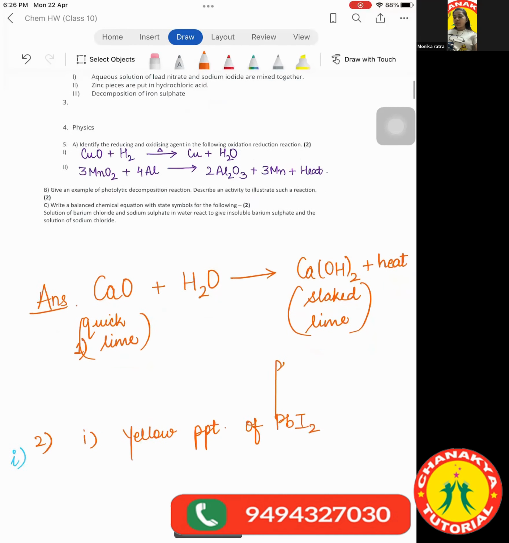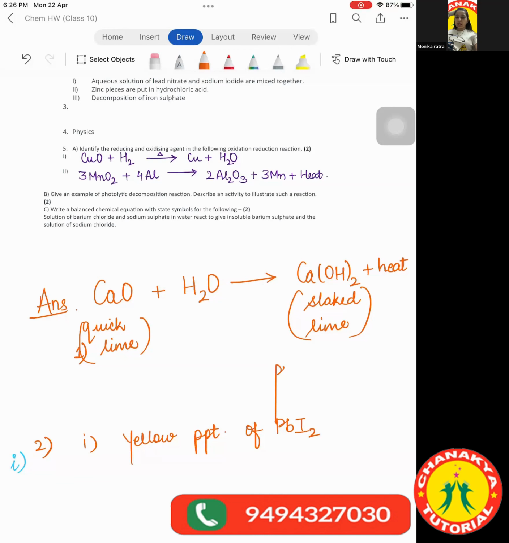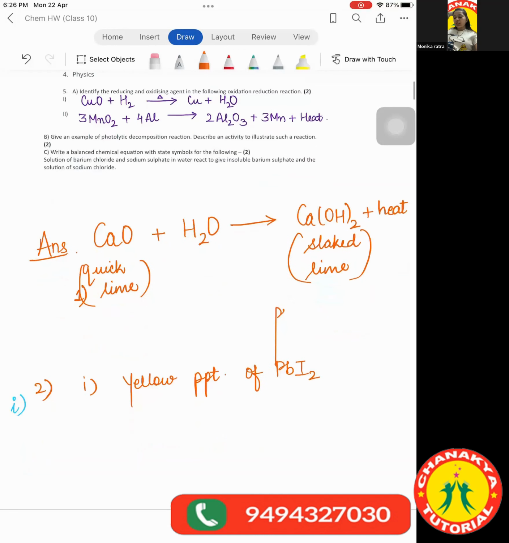Then the second part was zinc pieces are put in hydrochloric acid. A few students wrote the reaction for that, but the reaction wasn't asked in this question. What was asked was what you observe. So what we observe is the evolution of hydrogen gas.